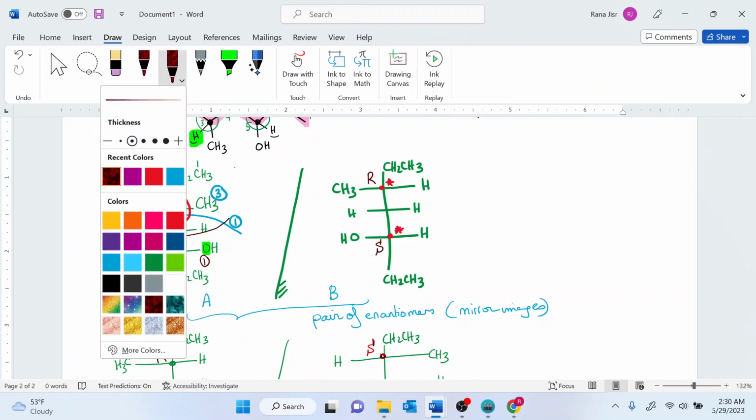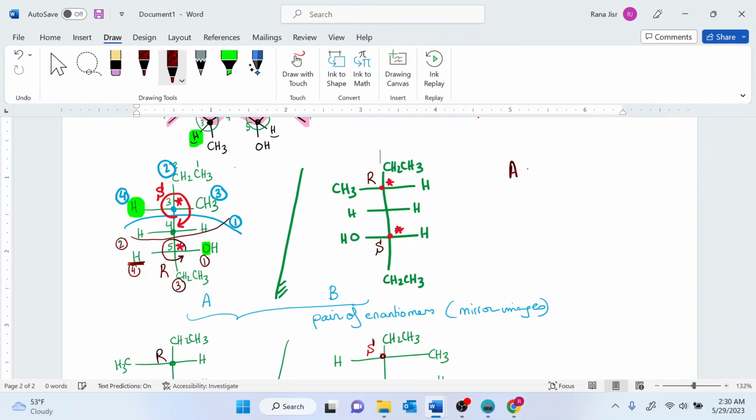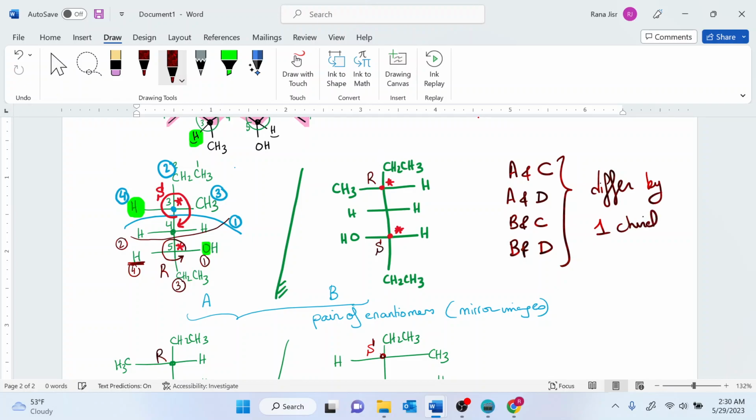Diastereoisomers are isomers that are not mirror images. So here we have A and C, A and D, B and C, and B and D. All of those differ by one chiral center, not by two chiral centers. By definition, enantiomers need to differ by two chiral centers here.